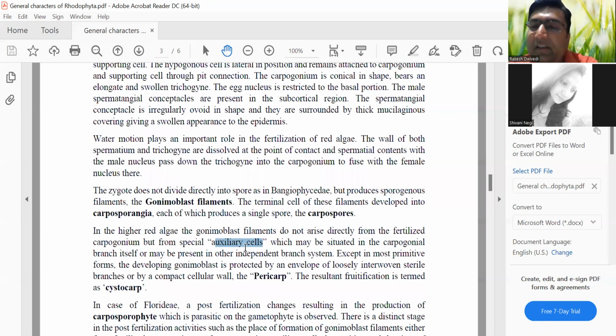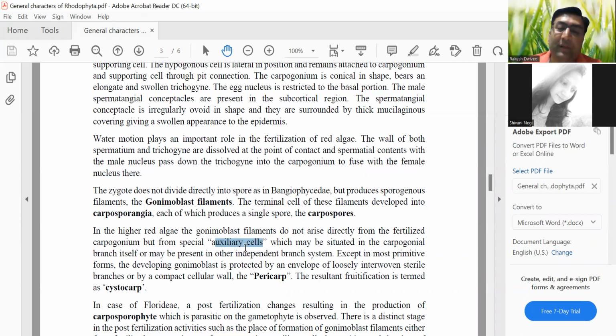So the auxiliary cell is formed after the fertilization and fusion of the cells present in the carpogonial branches, right? So all the cells of the carpogonial branch which bear the carpogonia, not all but most of them, get fused together to form the auxiliary cell, and from this auxiliary cell there is formation of the gonimoblast filaments, right?